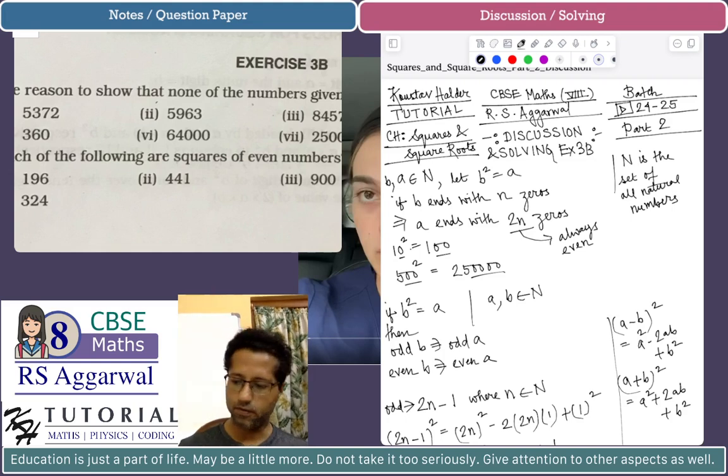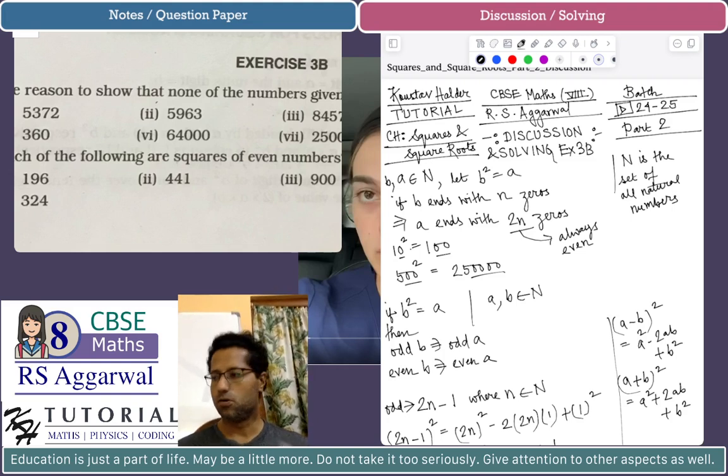We also have to find the square roots of a perfect square by the prime factorization method, and the square root of a perfect square by the long division method. And what else is left? Square roots of numbers in decimal form. Okay, and that I guess is the last topic. So two or three more topics are left, which I will cover in the next two or three videos.